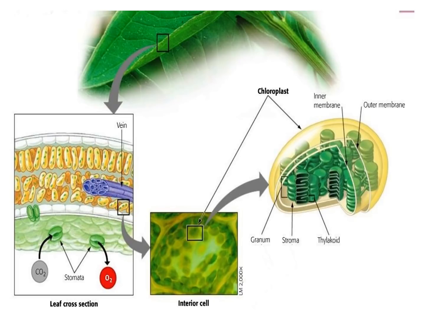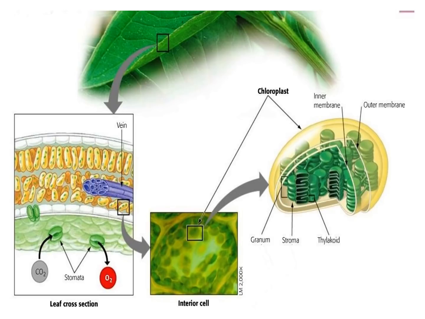Chloroplasts are made up of the outer membrane, the inner membrane, the stroma, the thylakoids, as well as the granum. Here we can see the stack of thylakoids in one full stack.